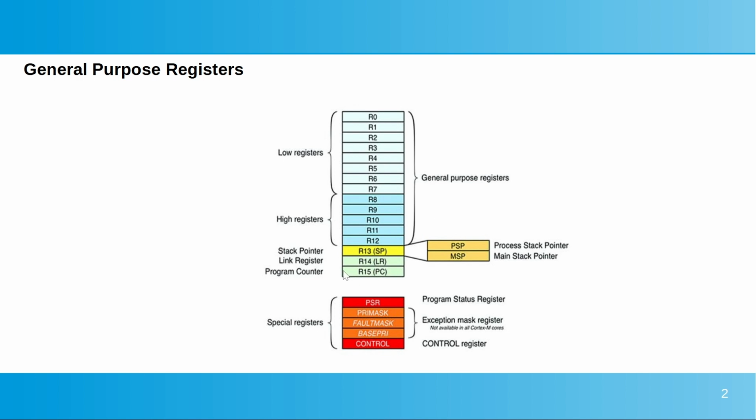The other three registers, R13, R14 and R15, although in some use cases can be combined with some instructions to access some memories or to execute some specific set of instructions, most of the time they are going to be deployed for the C convention to make sure that our program gets executed properly. Hence, R15, which is the program counter, R14, which is the link register, and R13, which is the stack pointer, are quite critical to make sure that our program is executing properly.